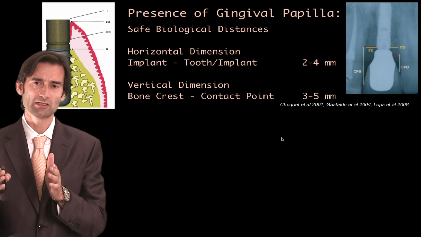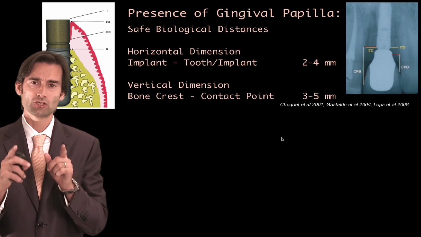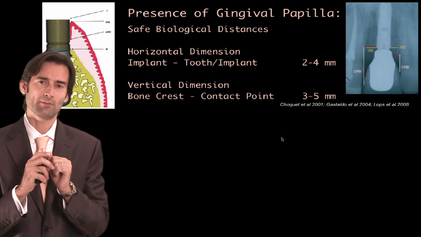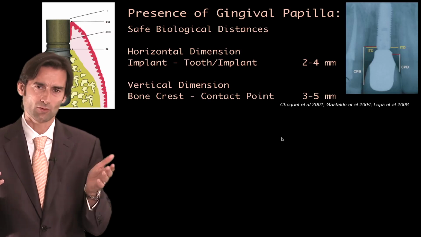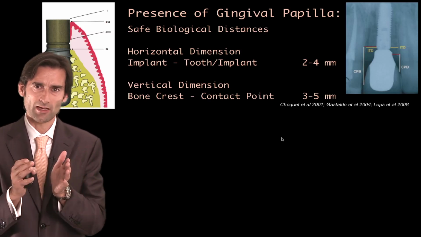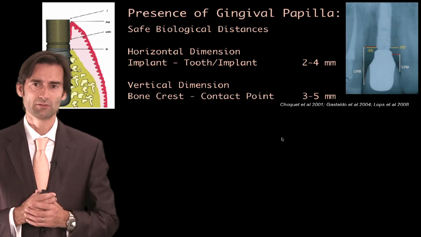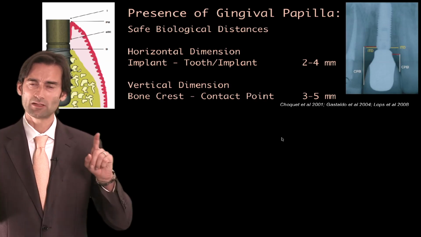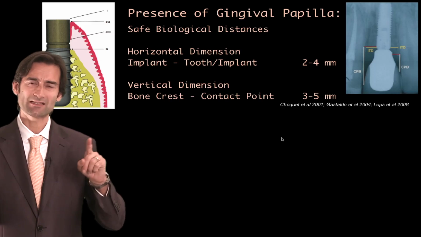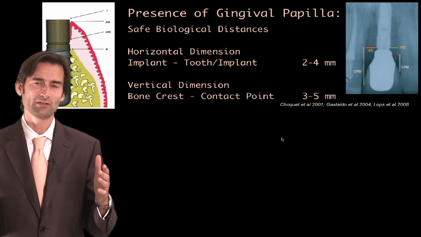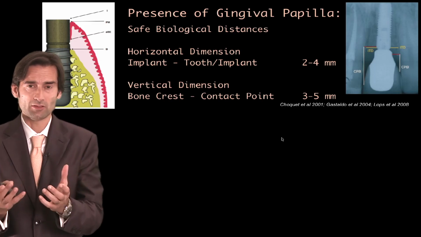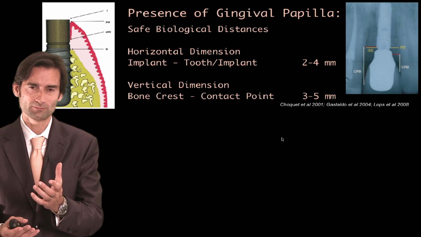So the first distance between an implant and a tooth should be no less than about 2 millimeters, and it could be more. Now sometimes we can go less, but you probably have to have a little bit more experience to really do this. So 2 millimeters is about the least. And then between an implant and an implant, we should have at least 3 to 4 millimeters as our safety zone. This will support the bone, and again, the bone will support the soft tissue.